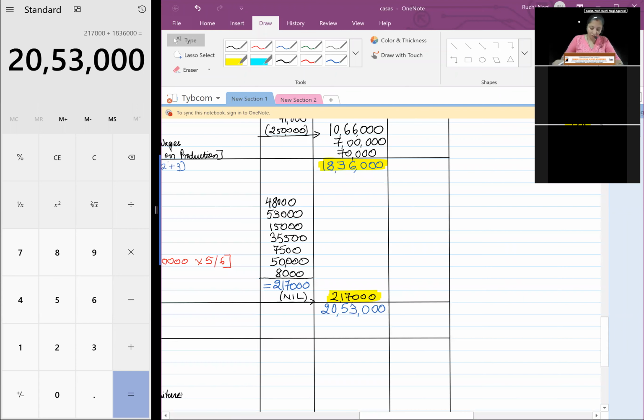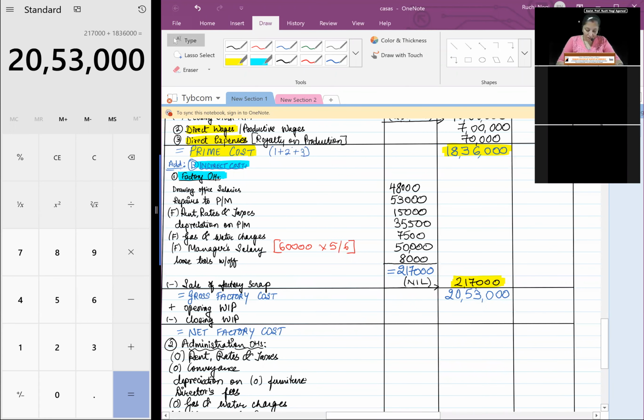Okay, so this is my gross factory cost. Okay, prime cost plus factory overheads is equal to gross factory cost. Fine. This is nothing but the statement what we had done in last lecture. Okay. Opening stock, closing stock, WIP not given in the question. The dash. 20,53,000 plus 0 minus 0.